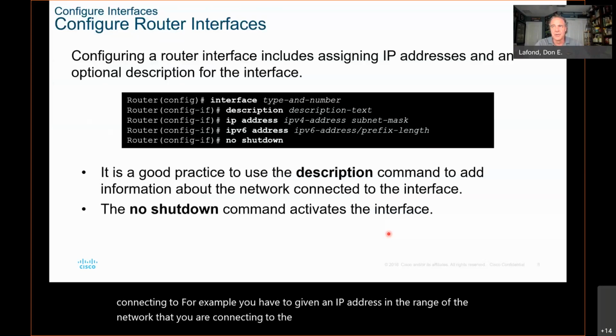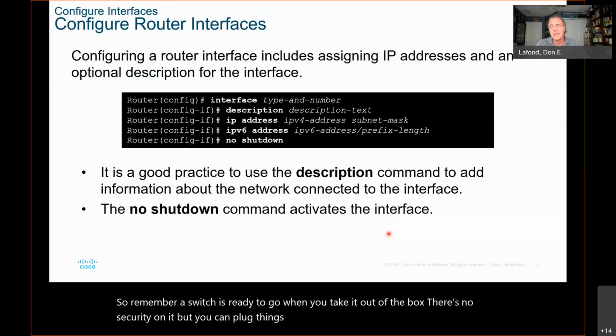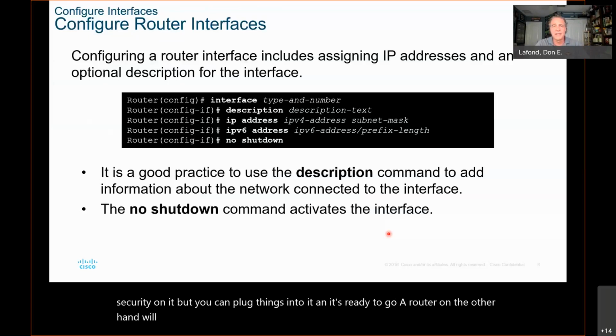We'll see that in a moment, in the next slide, actually. So remember, a switch is ready to go when you take it out of the box. There's no security on it, but you can plug things into it and it's ready to go. A router, on the other hand, will not work at all if you plug everything up and turn it on without getting into it and configuring the ports. Nothing will work on the router.